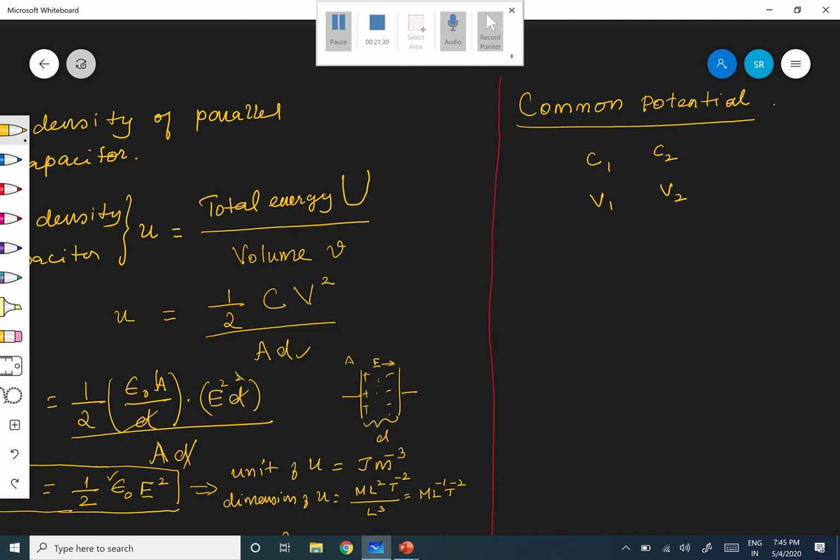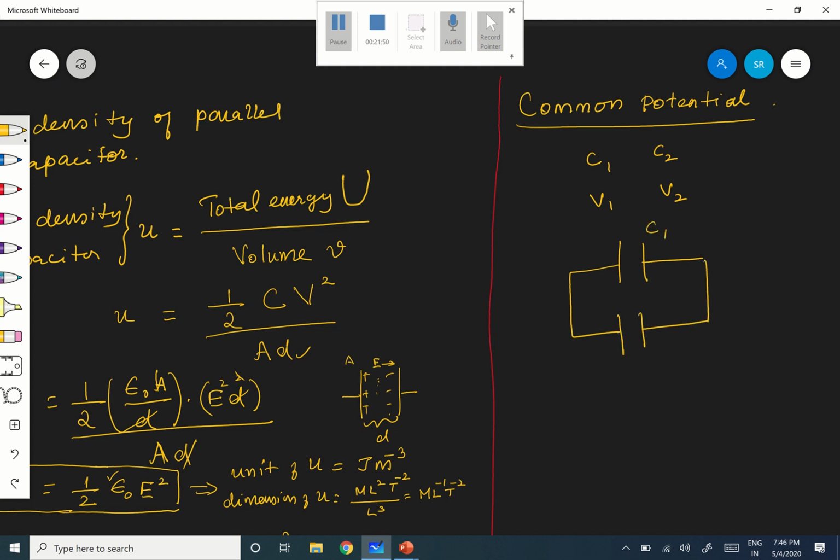I'm connecting both the capacitors by a conducting wire, a parallel connection. So now I'm connecting two capacitors in parallel.